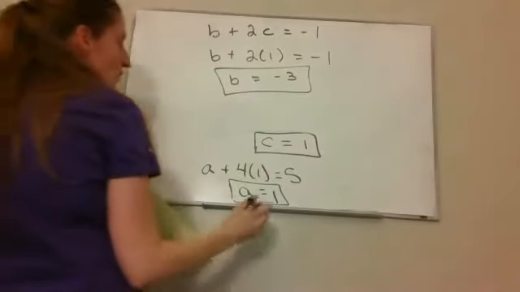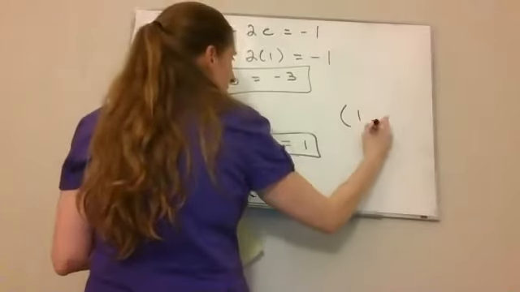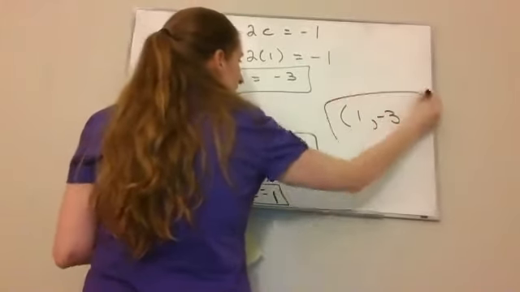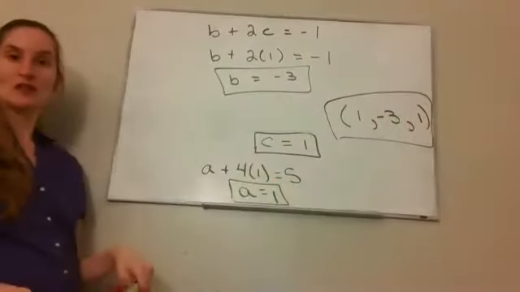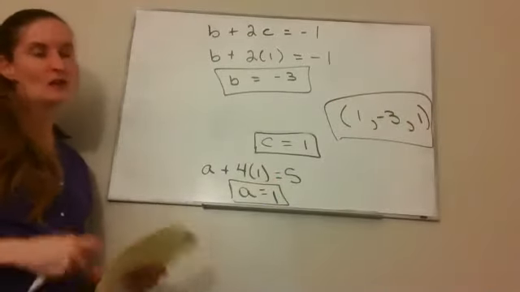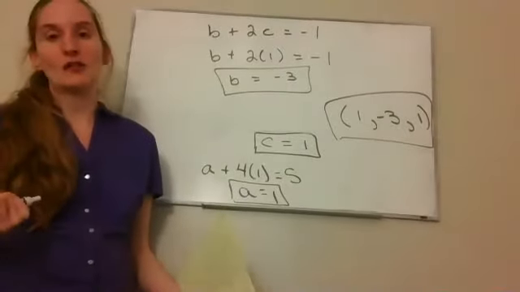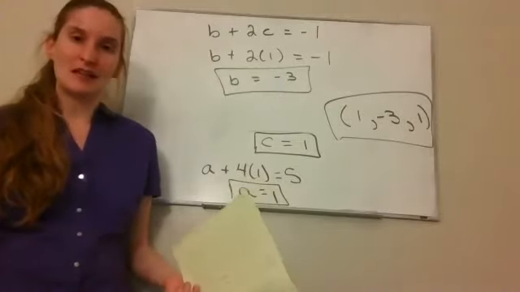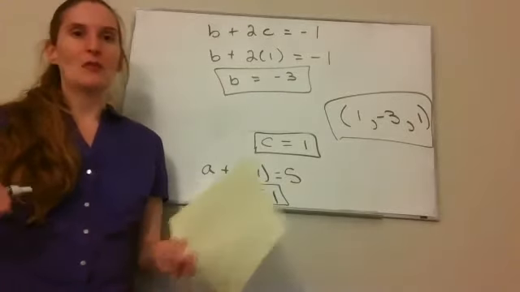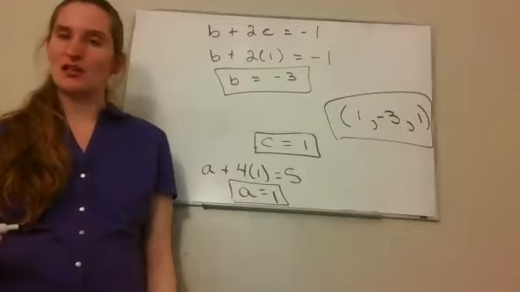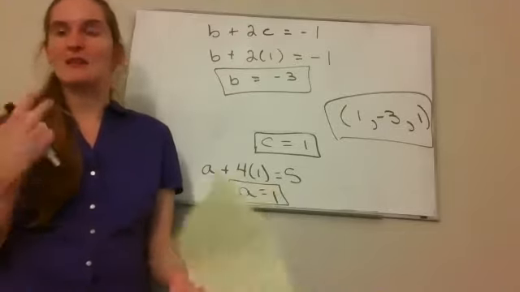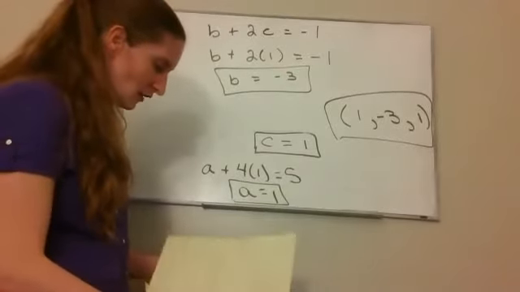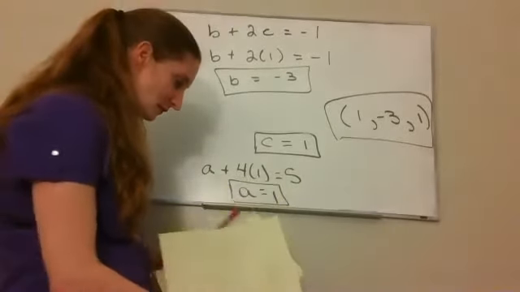So my ordered triple for this one is A is 1, B is negative 3, C is 1. And that is the solution to the system of equations. So even when the equations don't all share the same variables, you can still use this technique to solve it. You just have to play with them enough to get two equations with two variables and then back substitute appropriately. Let's do another couple of examples.